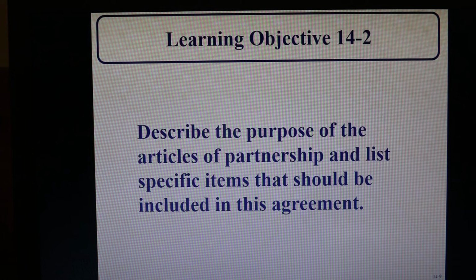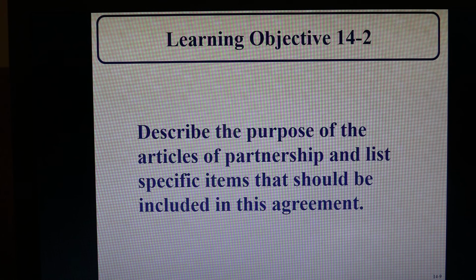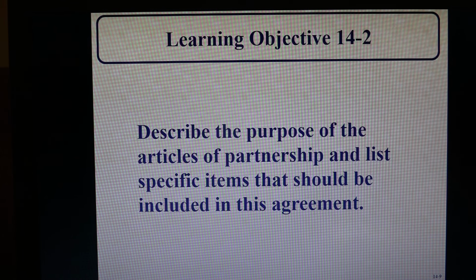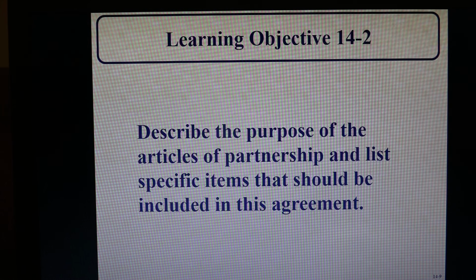And understand this, that the distribution of profits and losses do not have to necessarily match the ownership interests.